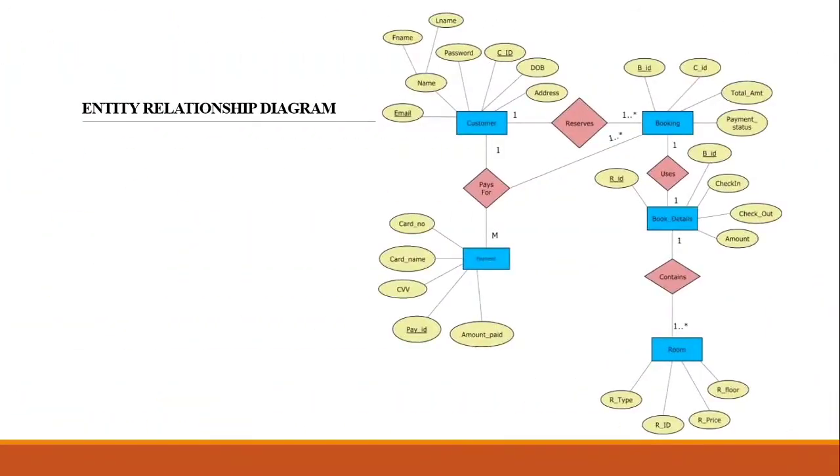This is the ER model, or entity relationship diagram, which shows the relation between payment, customer, booking, its details, and rooms.